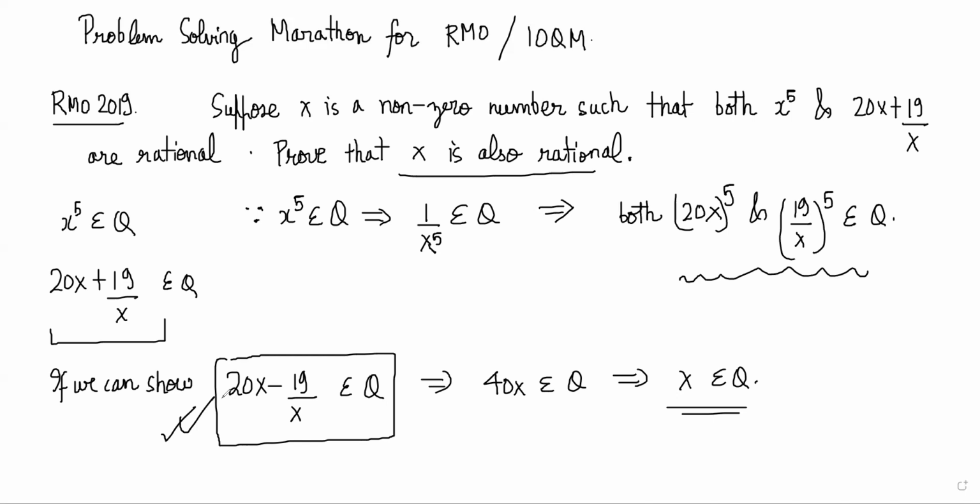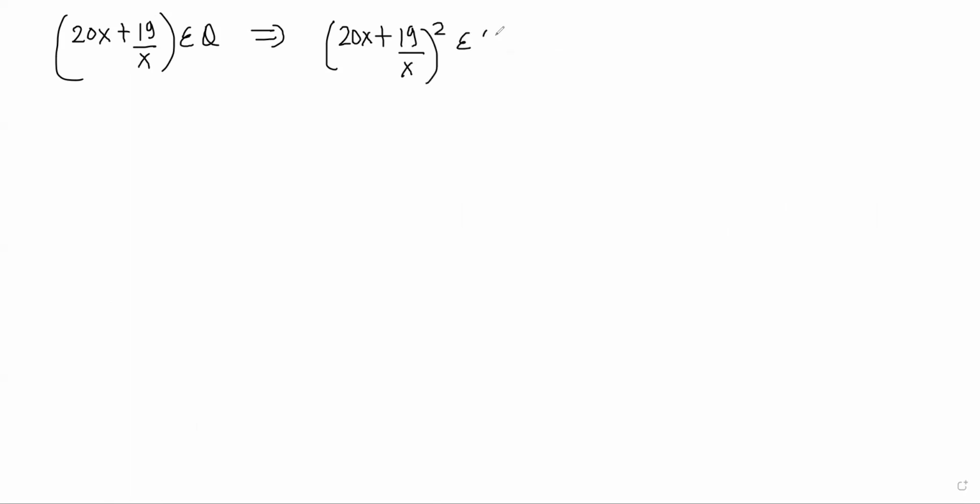So what I would say is, if 20X plus 19 by X belongs to Q, that implies that 20X plus 19 by X whole square also belongs to Q. And that implies that 20X whole square plus 19 by X whole square, and the next term would be plus 2 into 20 into 19, which is an integer.